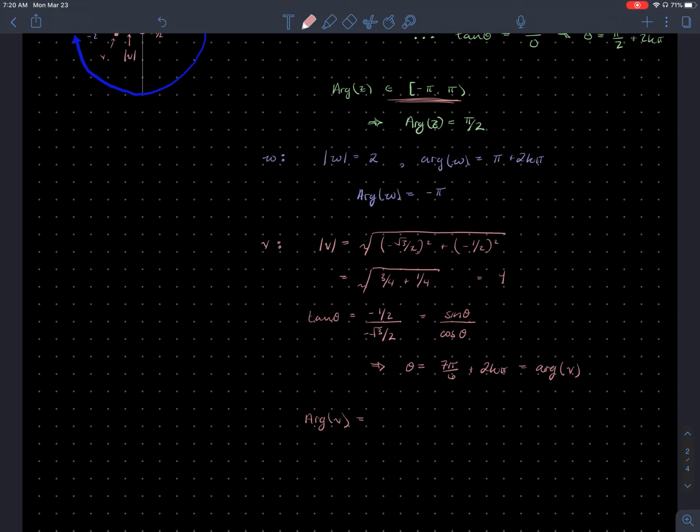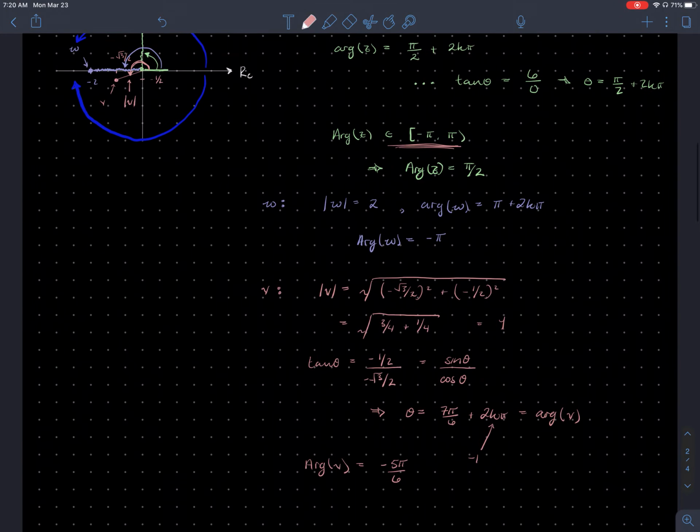Or another way we can think about this is we plug in a -1 for this k. So we're going to take 7/6 minus 2 pi, which is 7/6 minus 12/6, which is just going to be -5/6. So that's simply this rotation.